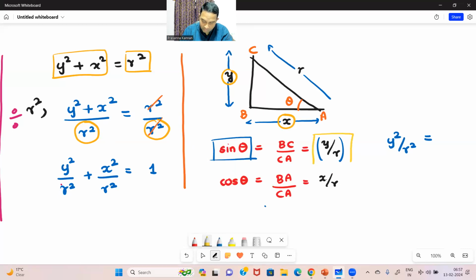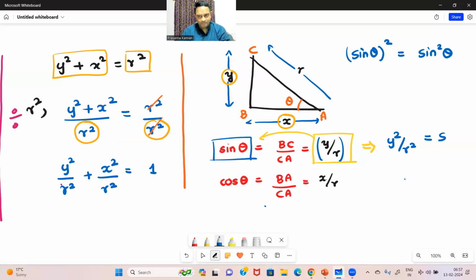I'll get sine theta whole square. In mathematics, we write it as sine square theta. Clear?